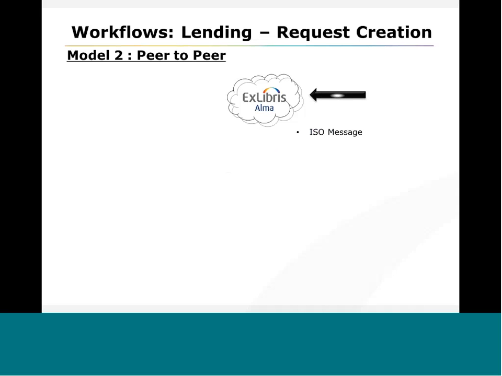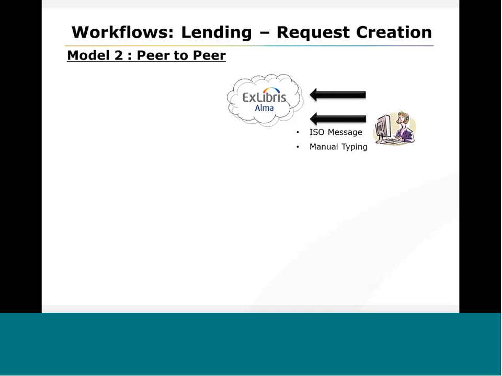Peer-to-peer, well, you can guess, is not very different. But instead of having a broker system, the message comes in directly into Alma. For example, using an ISO message, a request that comes in. But of course, there's also the manual typing here. If we're talking about peer-to-peer, for example, if the peer-to-peer is managed by emails, in that case, we have an operator that receives an email saying, I want this item.